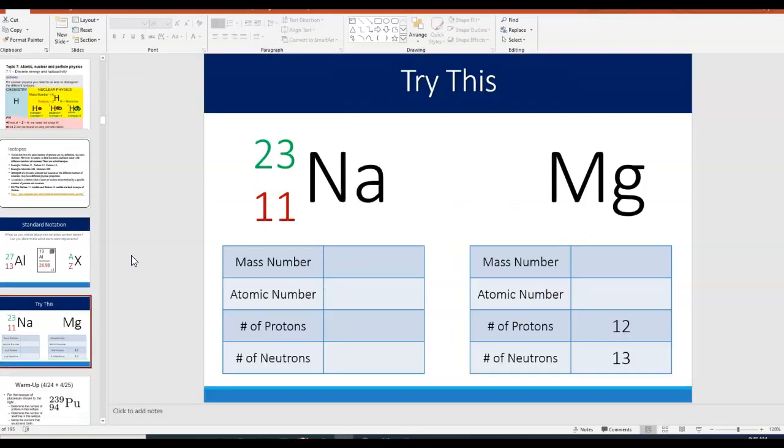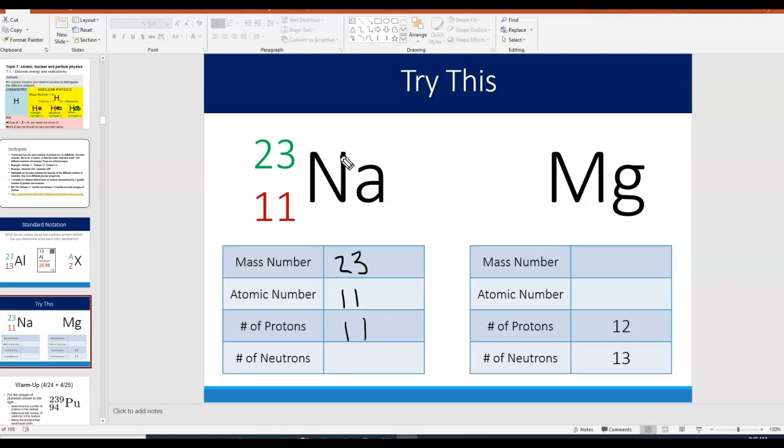On this slide, we've got some basic examples. Okay, so we have sodium, and I just happen to know Na is sodium. Sodium 23 is how you would verbalize this. This has a mass number of 23. Of course, remember that's not the same as mass. The bottom left number represents the atomic number, which by definition is the same as the number of protons. Remember, that's what defines an element. If it has 11 protons, it must be sodium, no matter what else is happening.